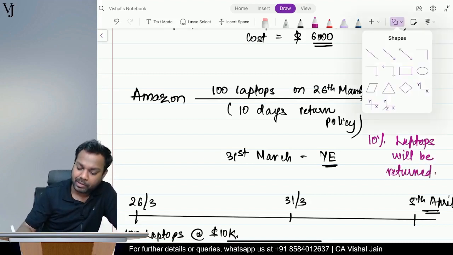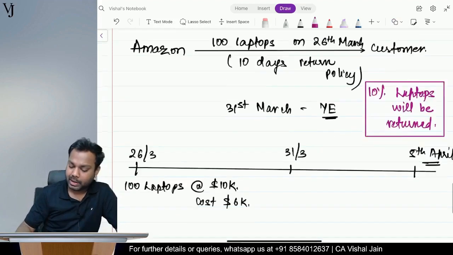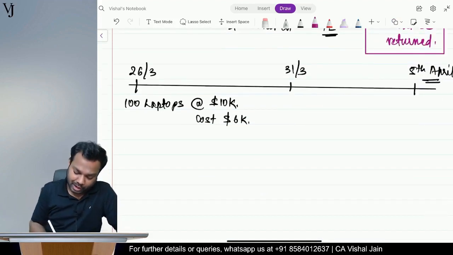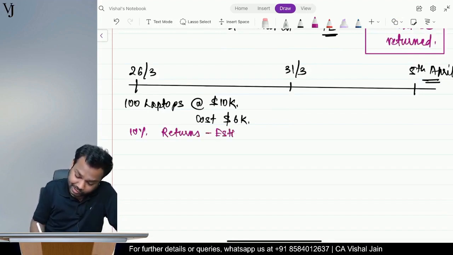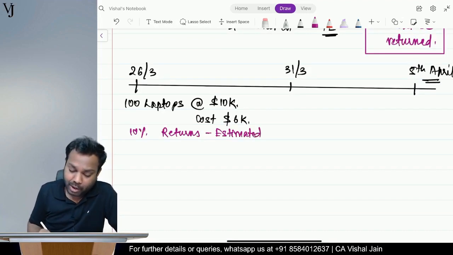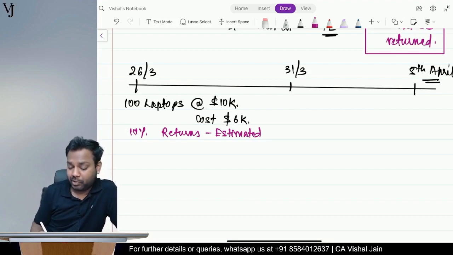It's estimated, not certain, based on past history. Now what is the amount of revenue that Amazon should recognize?